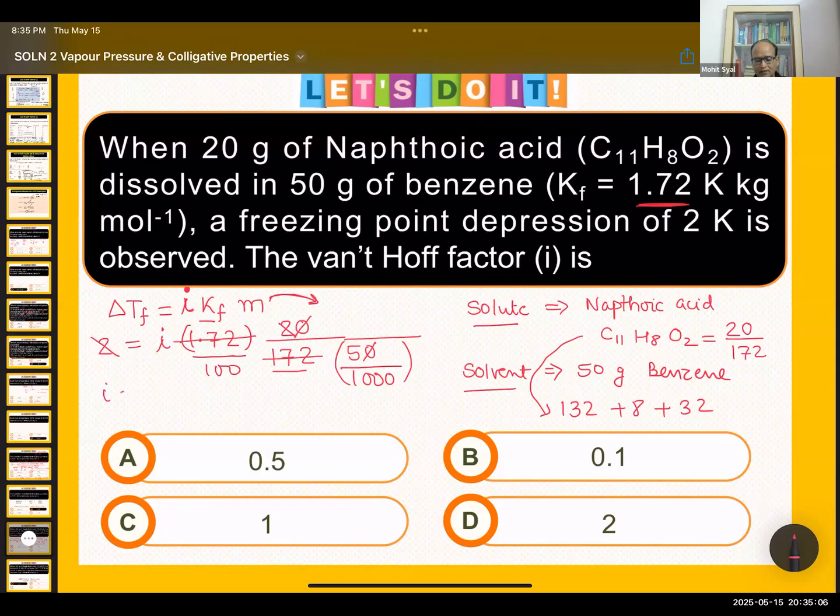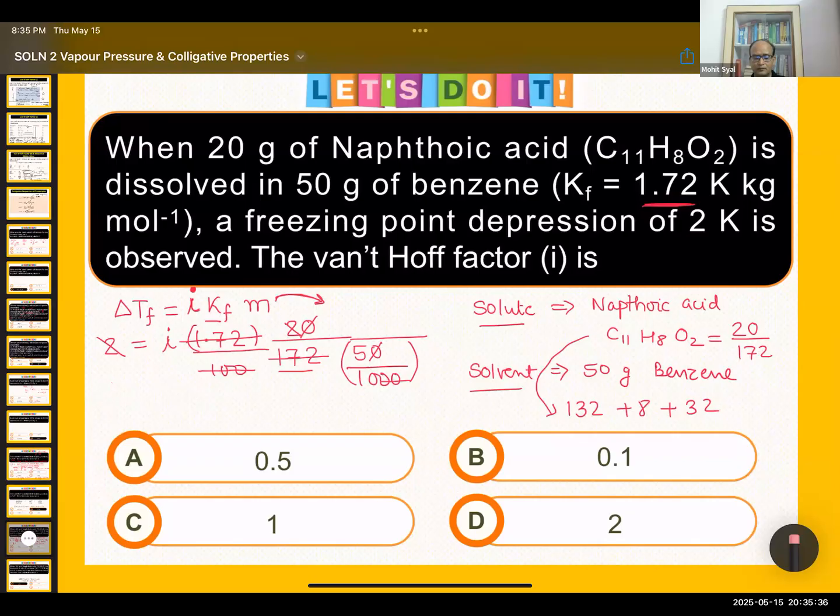So i is going to be, yes, I will cancel zeros also. 10i will be equal to 5.